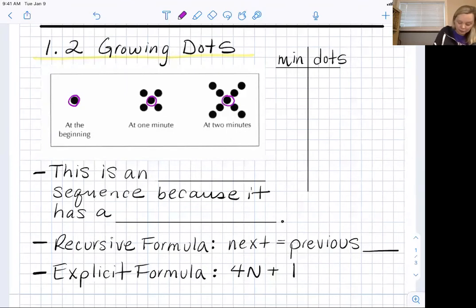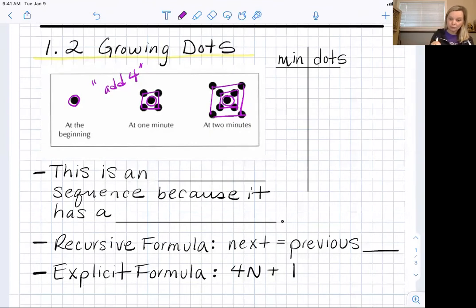And then we noticed that there was 4 added to that one dot after 1 minute. At 2 minutes, we had the 4 from the previous minute plus the additional 4 as well. So most of us saw this as a way, when we described it, we used terms like you're adding 4 each minute, something along those lines.